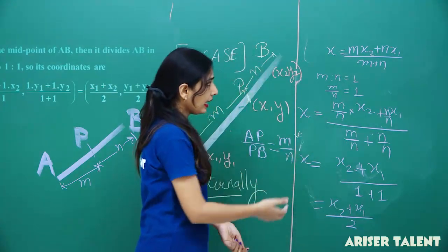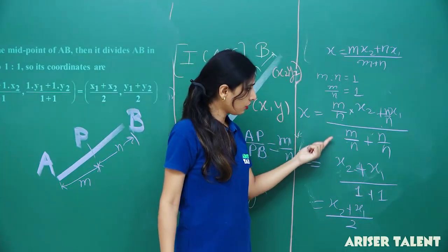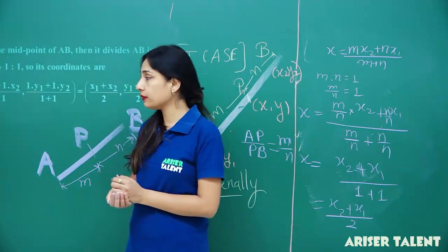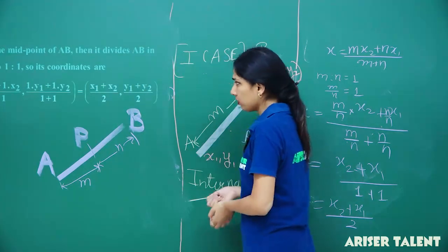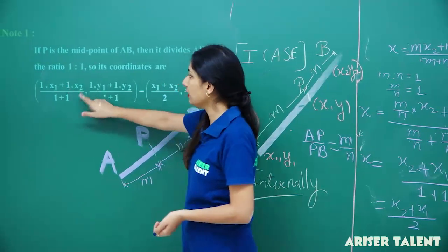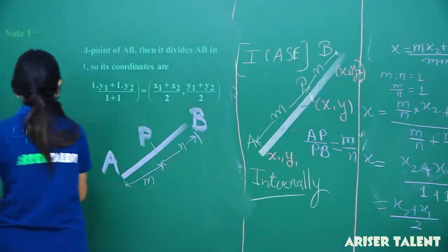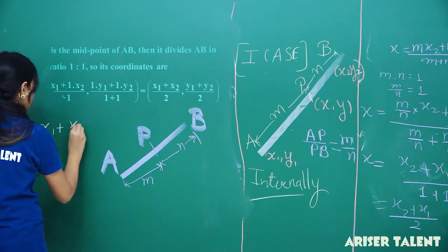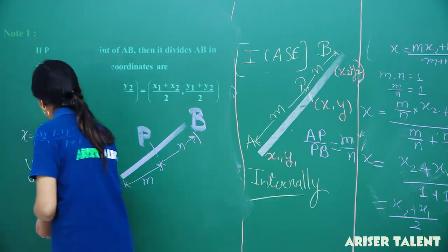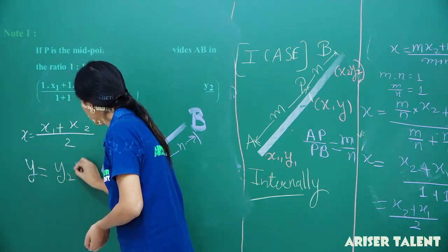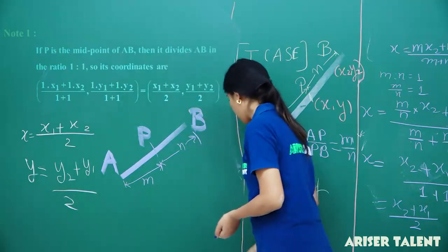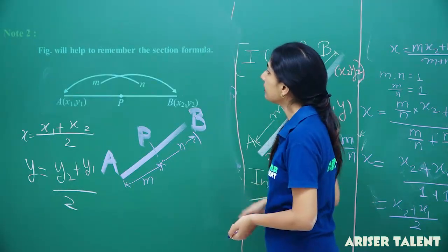This is the way, and we will discuss it later. We will call M by N a specific value. Okay, so just concentrate on that now. If I put this 1 here, that will become absolutely X1 plus X2 by 2, that will be X, and Y will be equal to Y2 plus Y1 by 2. Okay, let's see.